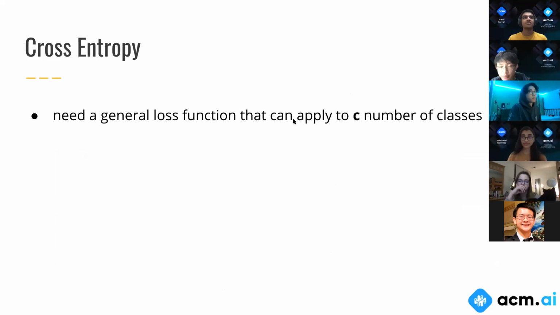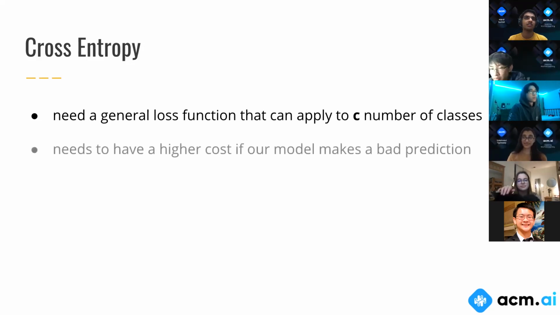Now we need to switch that mindset to not just 2, but any number of classes. Is it a cat? Is it a dog? Is it a fish? Or is it something else? We need a general loss function for that, because binary cross entropy doesn't quite apply in this case.